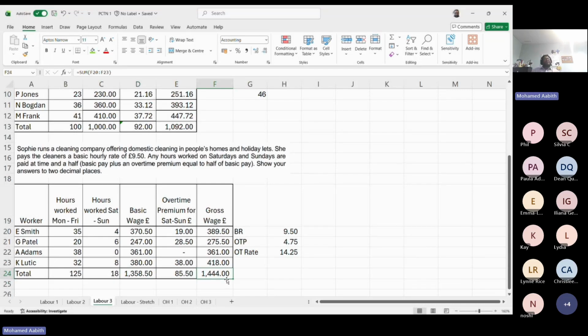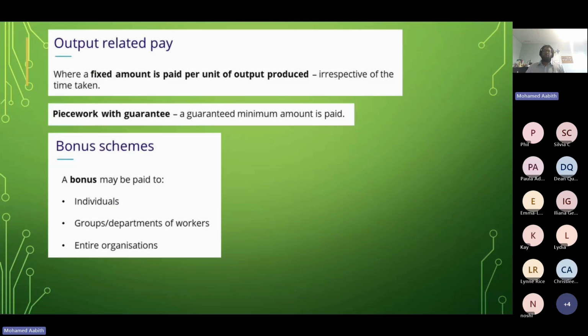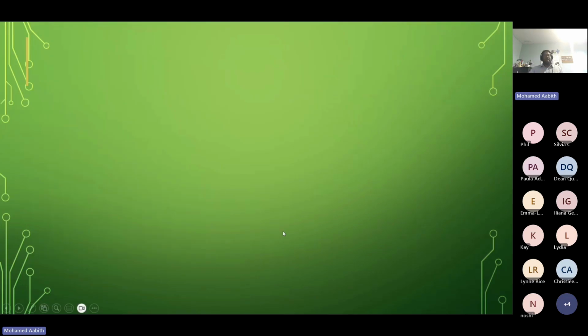Okay, so that is how for level 2 your calculations can be. I'm not sure you may get anything different to this, but anything you may get from this is going to be derived from these basic ideas of how to calculate different types of wages. So let's have a look at the next part we are covering, which is the overheads.